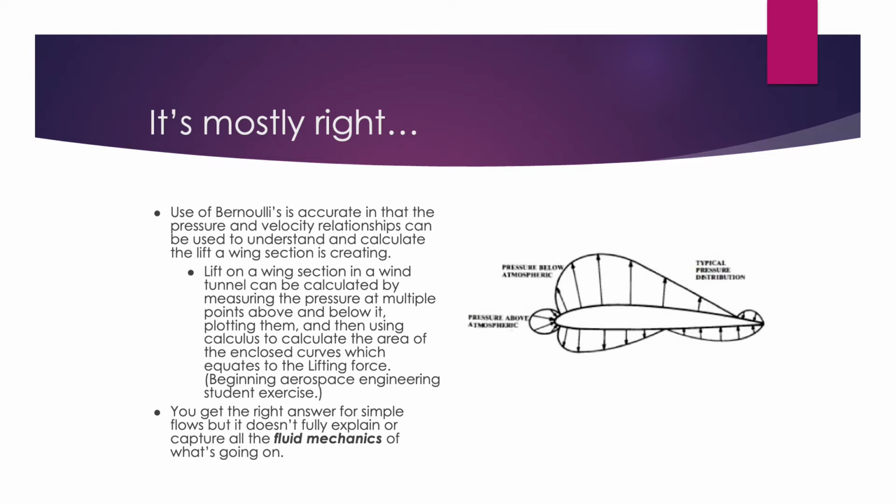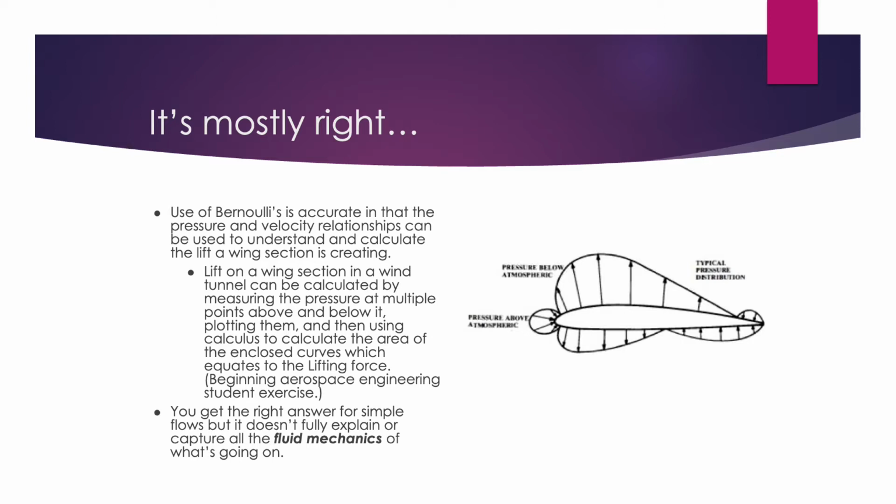Now, Bernoulli's relationships, and talking about lift with Bernoulli's equations only, is accurate from a very simplified point, in that if you take an airfoil, which is a picture that we have here, a cross section of the wing, and you put it in a wind tunnel, and then you measure the pressure all around it, you'll get a plot that looks something like this graphic that you see on the page.